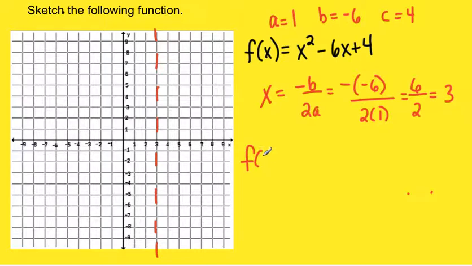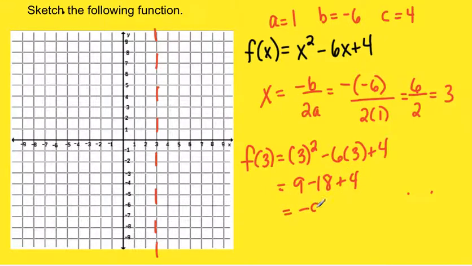To find your y-coordinate, you put 3 in for x into the function and solve for the y-coordinate. And that's going to be -5. So your vertex there is 3, -5.